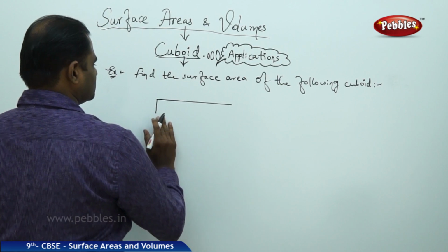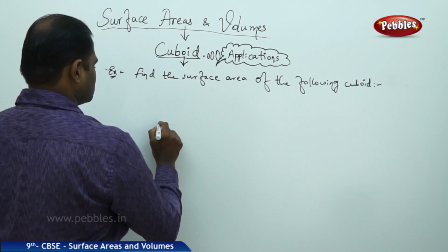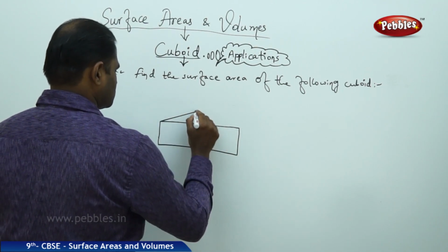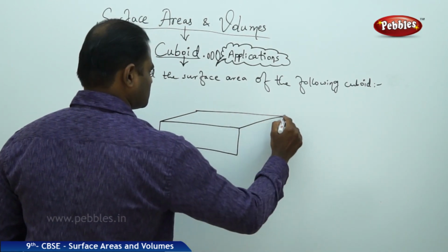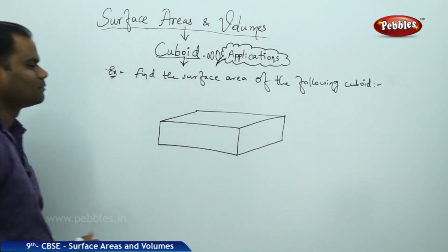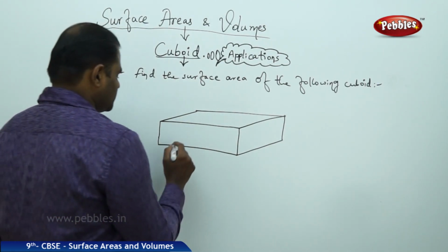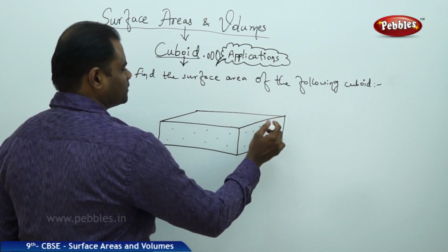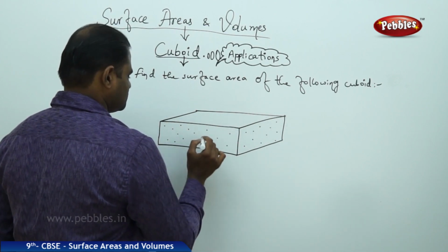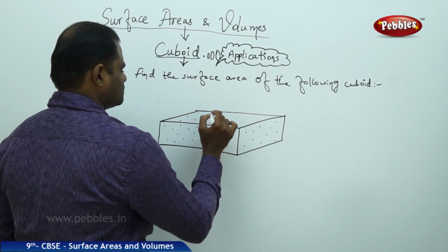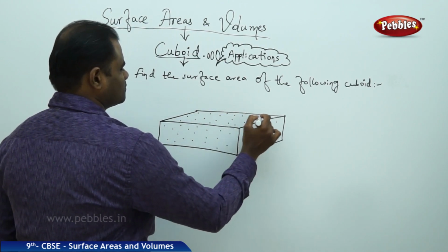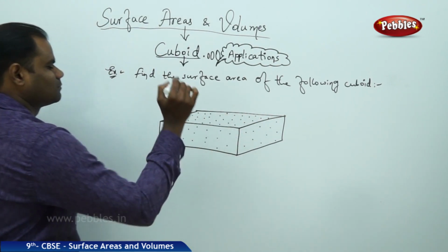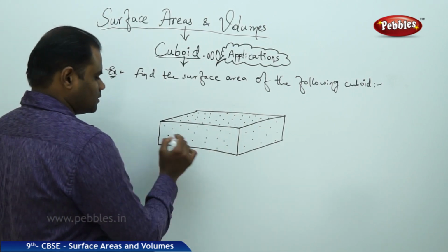Then we have a cuboid which is like this, and here I have to find the complete surface area of this cuboid. So let's see how we can find the surface area.